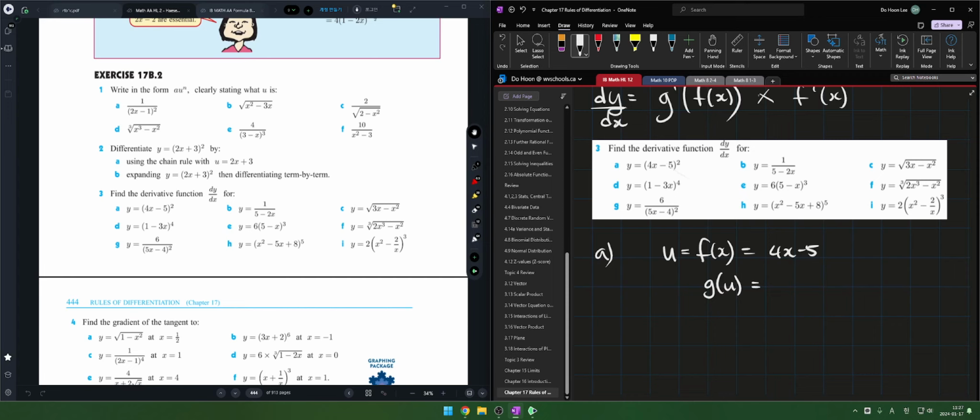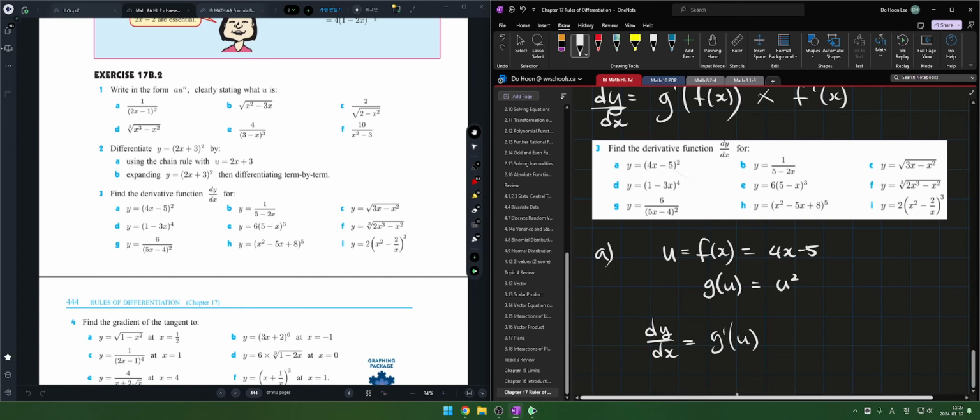Now, we can replace that 4x minus 5 with u, then g of u is just u squared. Now we've broken this into pieces. Let's find the derivative: dy over dx will be equal to, first we find g prime of u, multiplied by u prime.